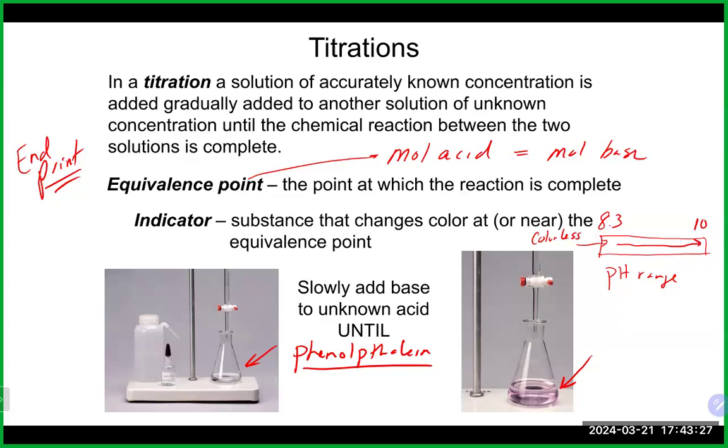So ideally, when you choose an indicator for a titration, it's really important to have an idea as to where your equivalence point would be in terms of pH. Because clearly, if I were going to use phenolphthalein for a titration where the equivalence point's at a pH of 4, that's not going to do me much good because my solution is just going to be colorless all the way through my equivalence point, right?